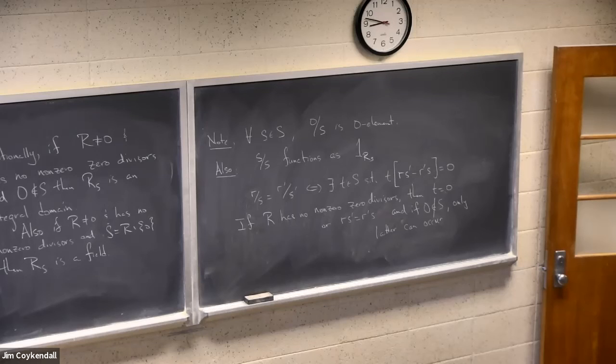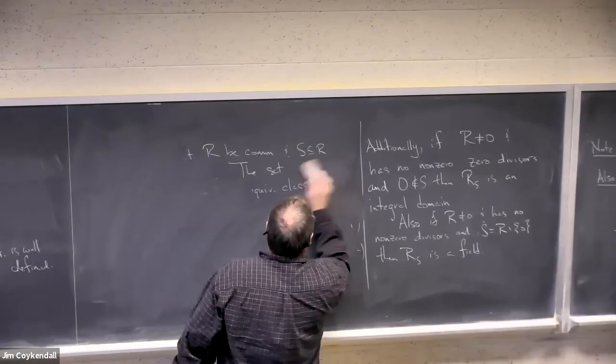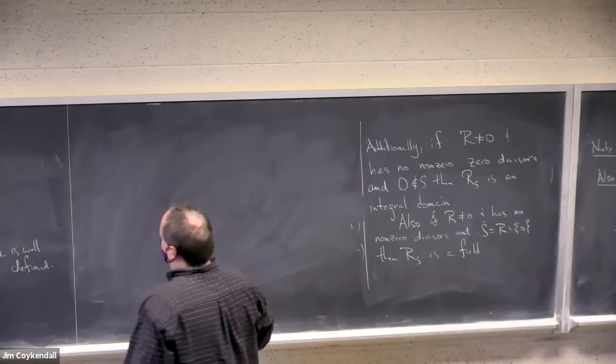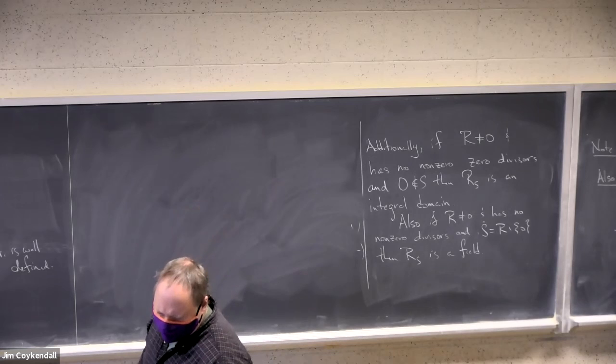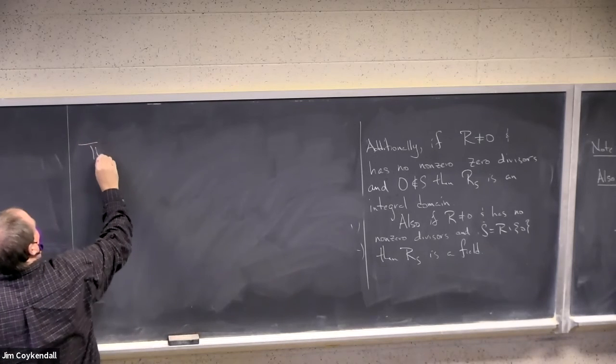Okay, any questions? Okay, so I think I've got time to write down one more theorem. And next time we'll look at how localization behaves with ideals. The first homomorphism theorem.